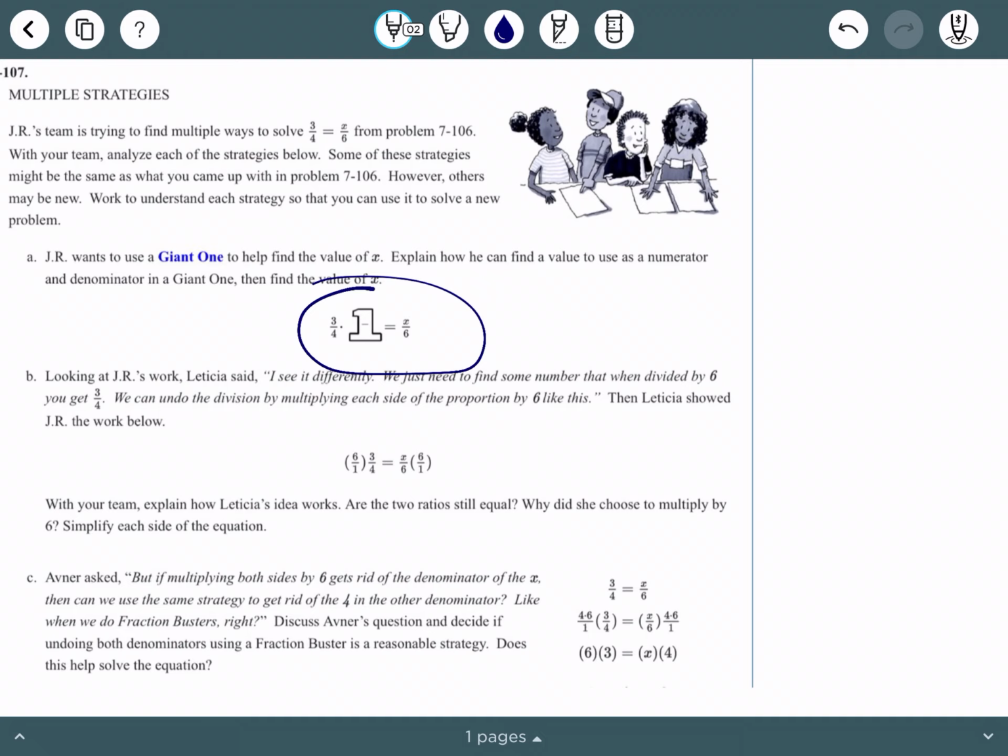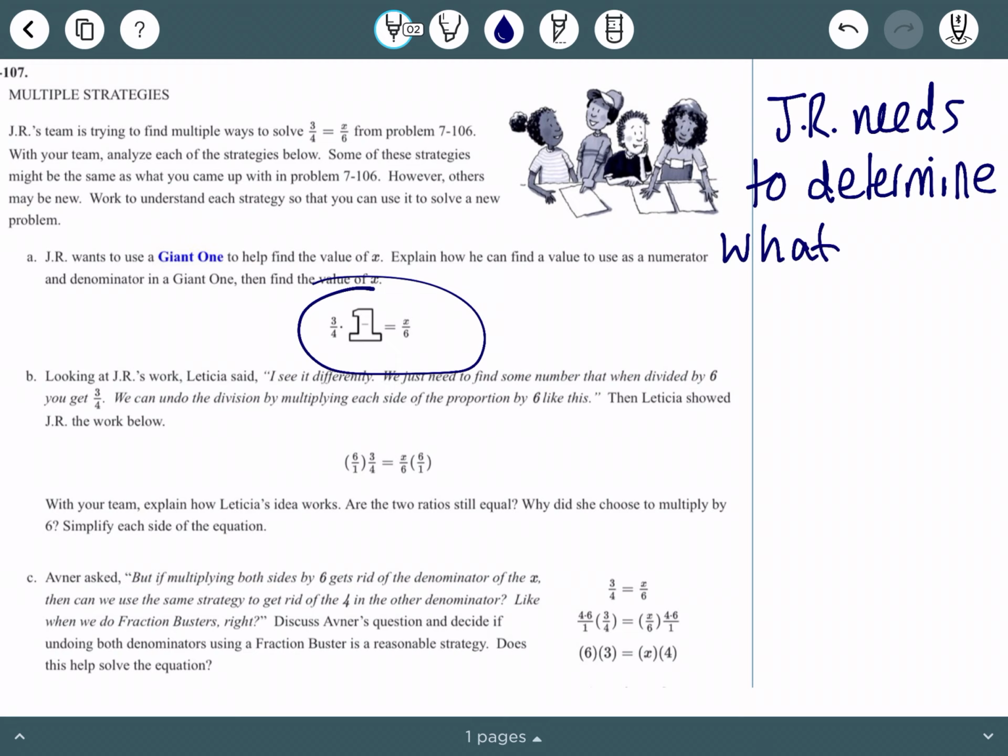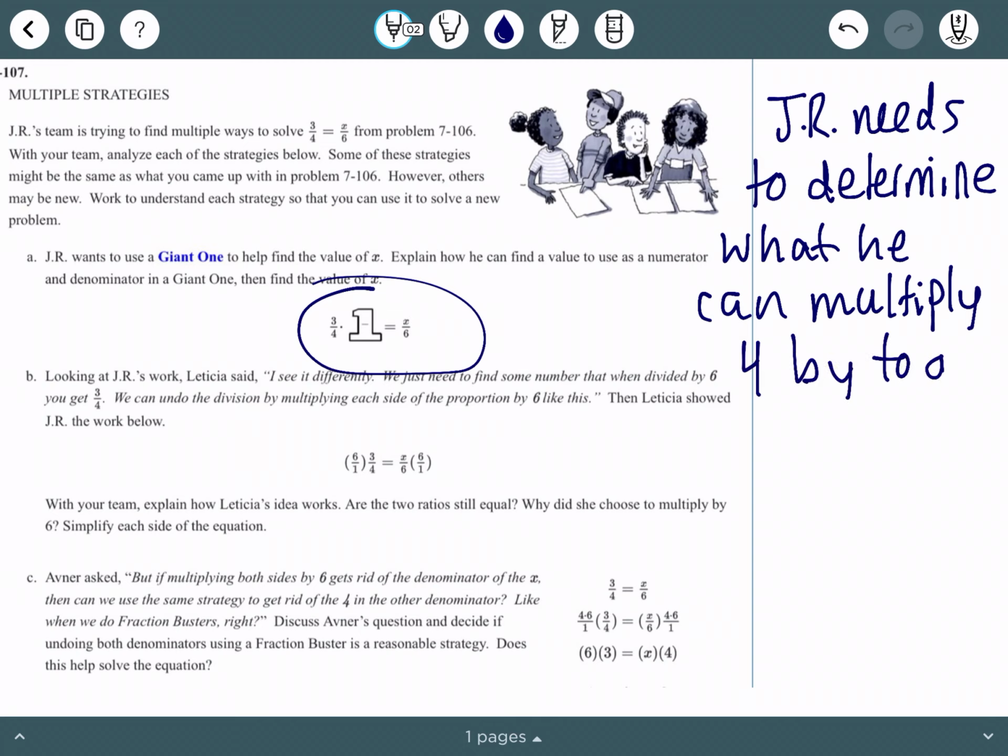So I'm going to explain this. Let's say JR needs to determine what he can multiply 4 by to get 6.